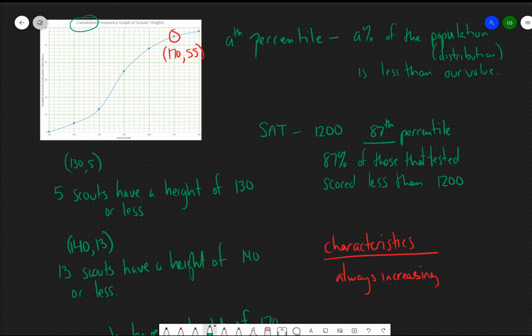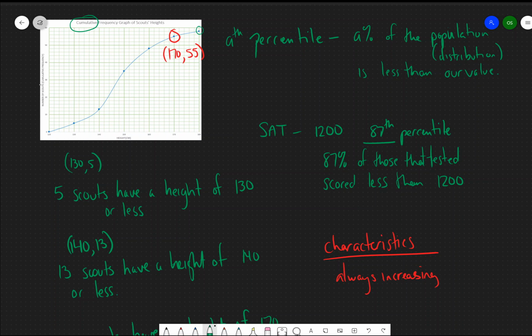By the time we get to the very end here, the last point on the graph, this means we've measured everybody. In total, how many scouts were part of this measurement? It looks like 58 scouts total. So by the time we get to the end, we've accumulated 100% of the population.